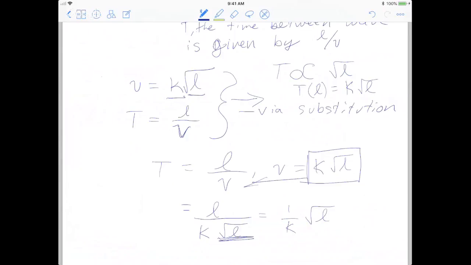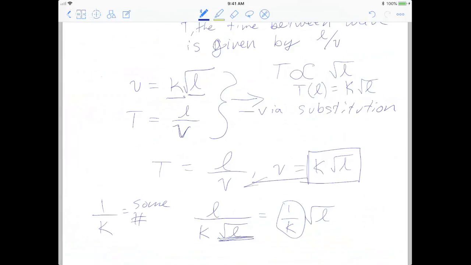Now, is that a proportional function? What do we do if it's 1 over K instead of K? Well, this gets philosophical, right? The whole idea is that we have some number times our variable to some power. So isn't 1 over K some number? Certainly it is.